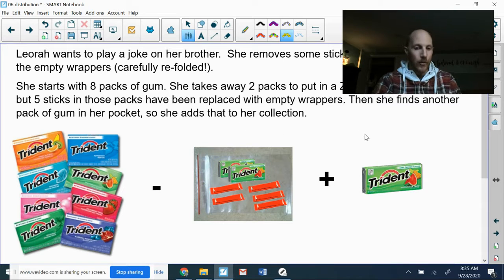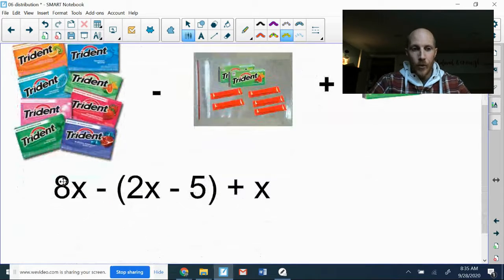I'm going to write an expression to model this, and again, you don't have to do anything with story problems. Your job will just be to simplify the expressions. So here's a different kind of story. This one involves taking things away. Leora started with 8 packs. We took away from those 8 packs this group. The Ziploc bag is like these parentheses.